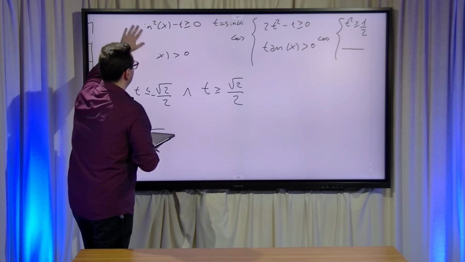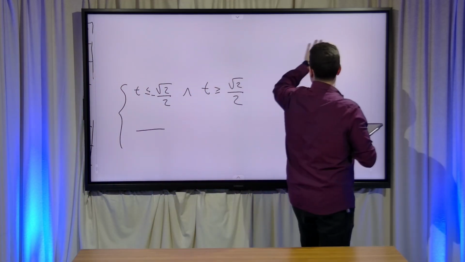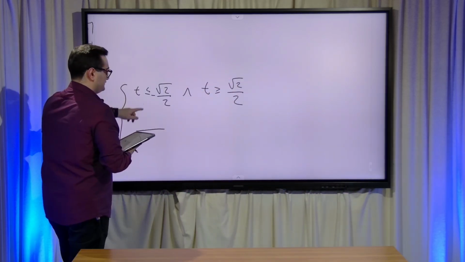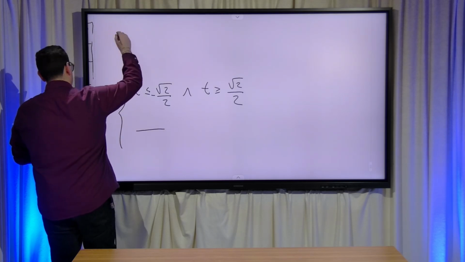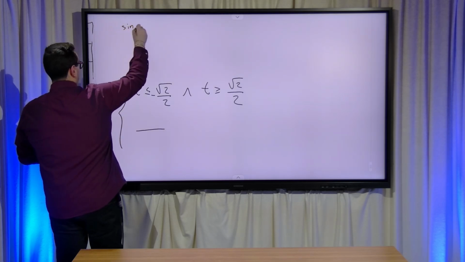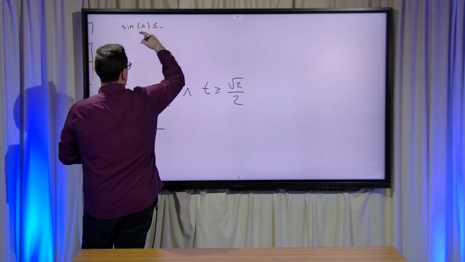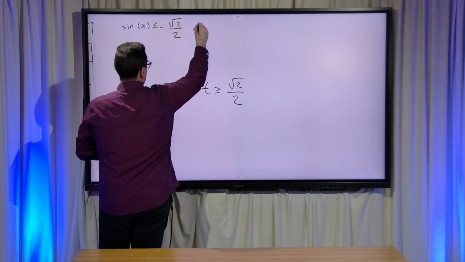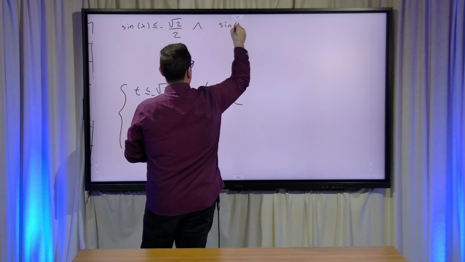Okay, so considering the substitution we did before, I write that sine of x, I replace t with sine of x, and I will write here the equation.